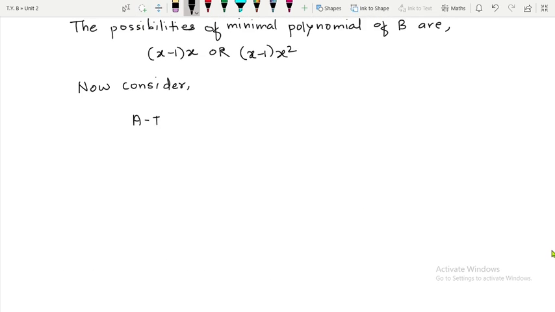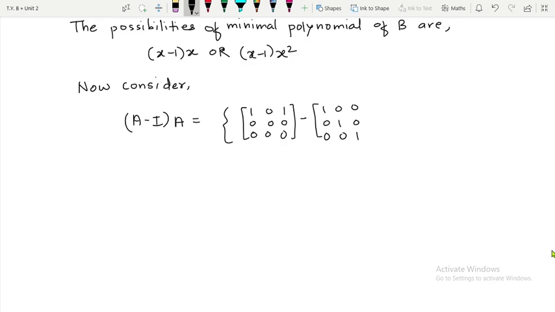A minus I multiplied by A, which is further equal to, so your A matrix in this case is 1 0 1 0 0 0 0 0 0 minus I 1 0 0 0 1 0 0 0 1, and outside it is A again, so 1 0 1 0 0 0 and 0 0 0.